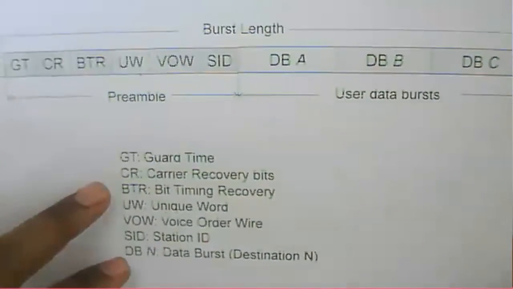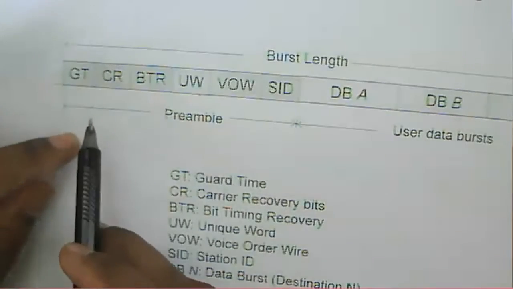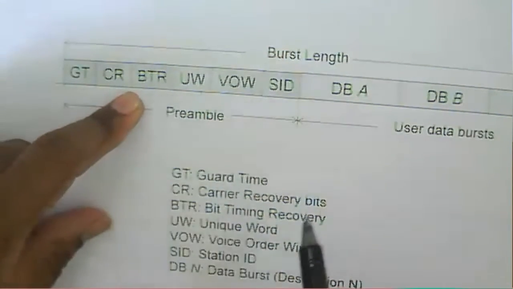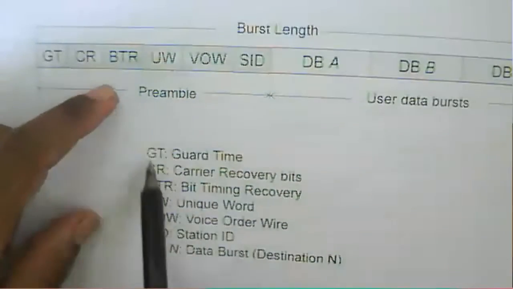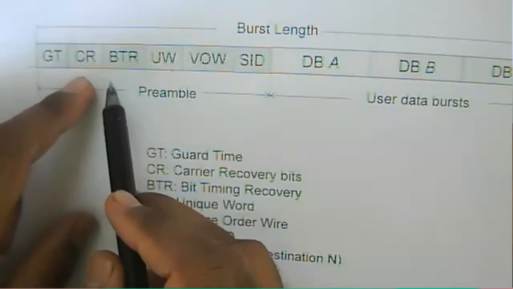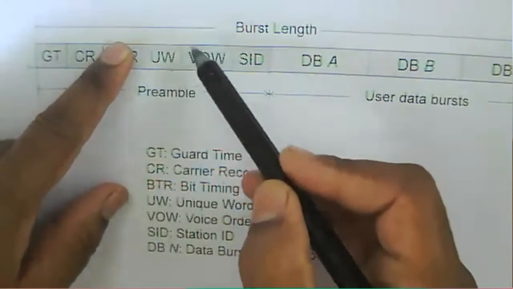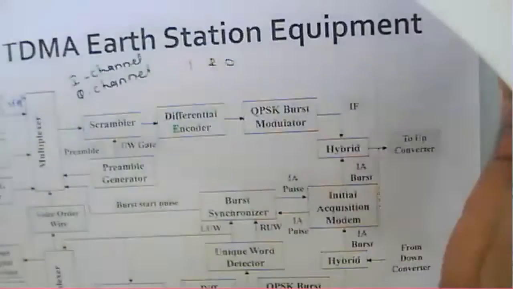If you see, we have seen the burst, and in that we have the CR, BTR. This is the BTR, bit time recovery. This one is the carrier recovery. Then after that we have the unique word.